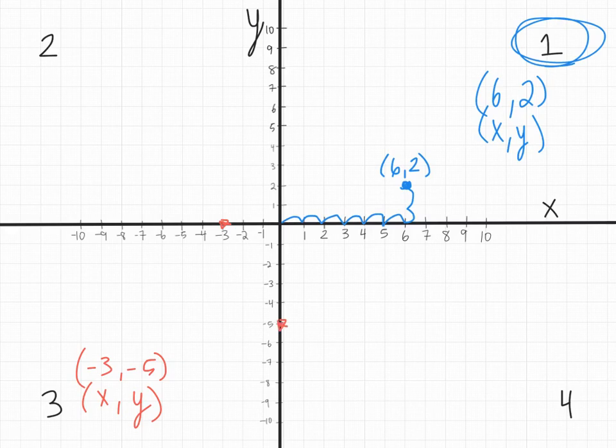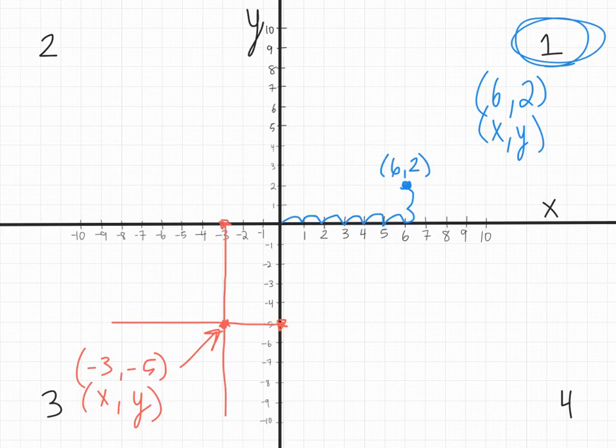Here it is, -5 on the y-axis. And my point has to be where those two lines would intersect. If I had a line like this, and if I had a line like this, they would intersect right there. So that's where my point is going to be on the graph. Which quadrant is this point in? It's in quadrant number 3.